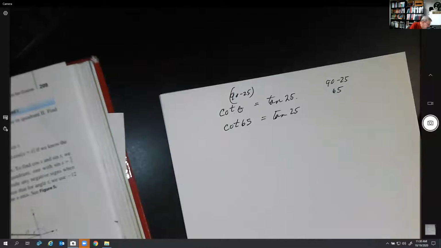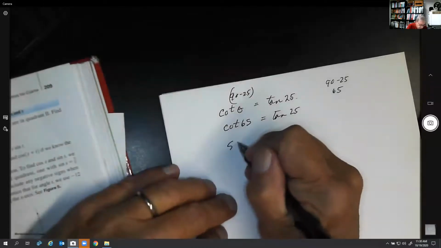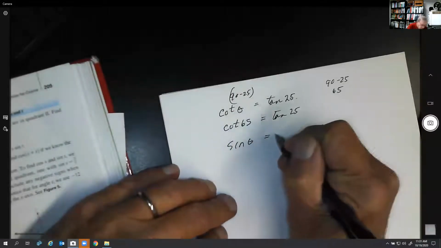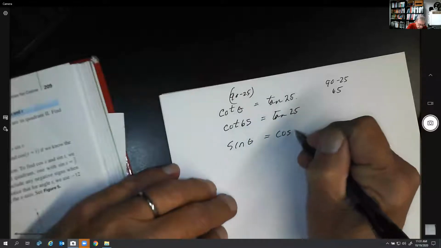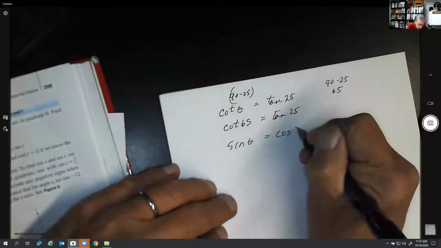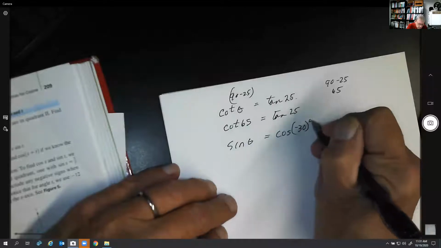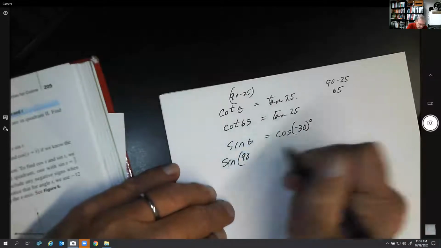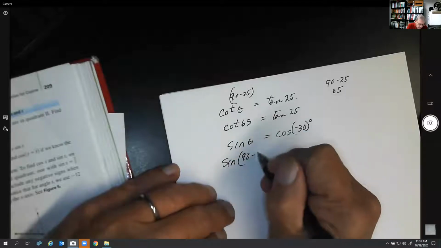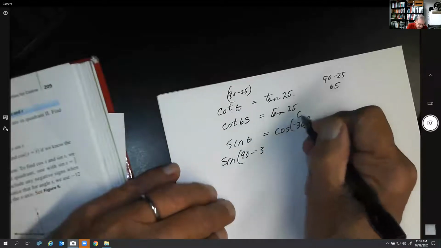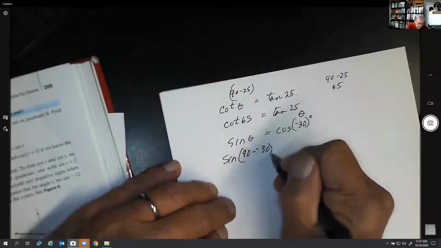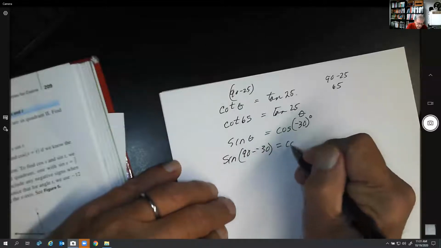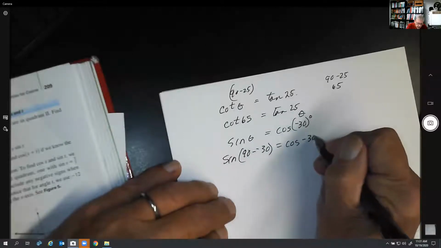Okay. Sine of theta equals cosine of negative 30. Well, this would be the sine of 90 minus a negative 30, because that's what theta is. I get fancy and write it out.